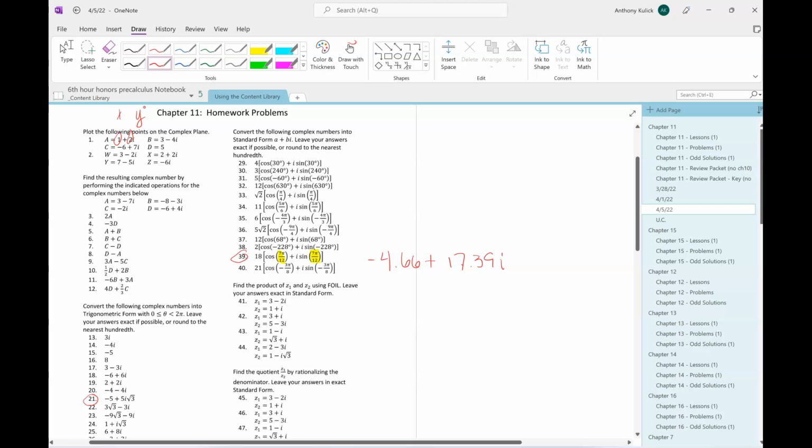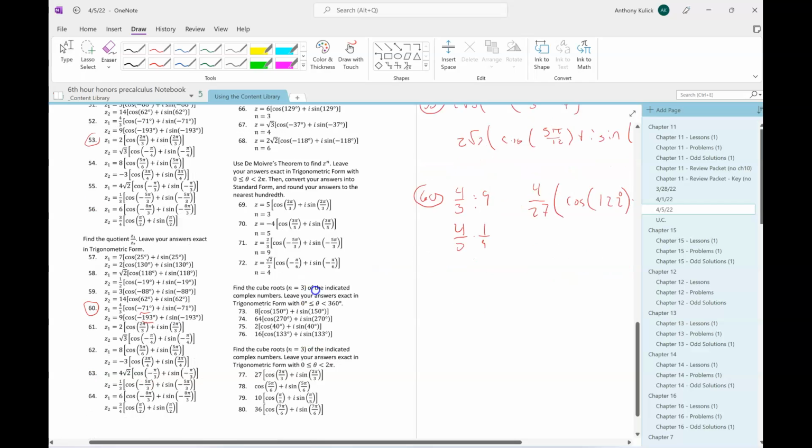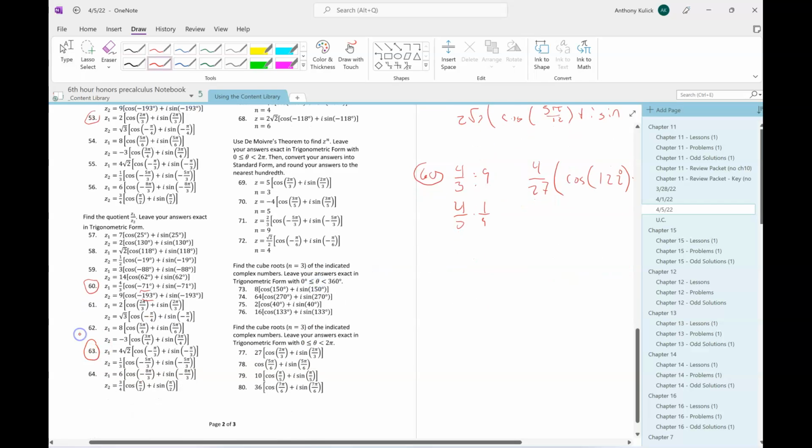Lexi. Which one? 63. Sure. So we'll start by dividing these things. So again, we're just doing division of a fraction, the same thing as multiplying by a reciprocal. So 3 times 4 root 2 is going to be 12 root 2. And then I'd have cosine of negative pi over 3 minus a negative 5 pi over 3.